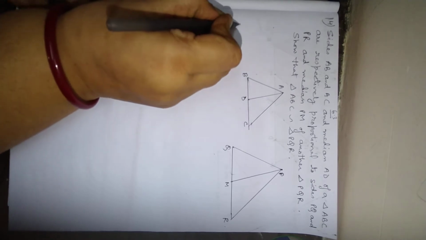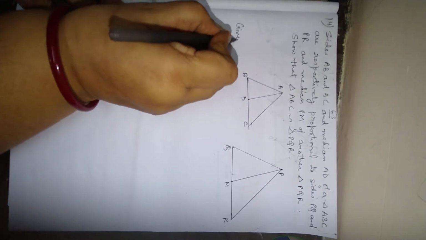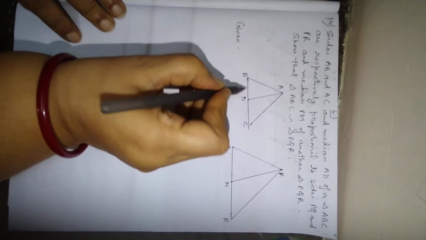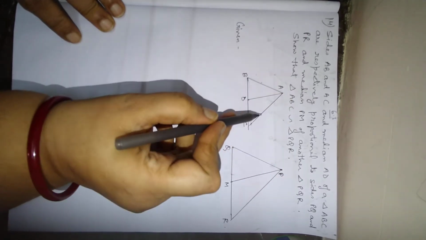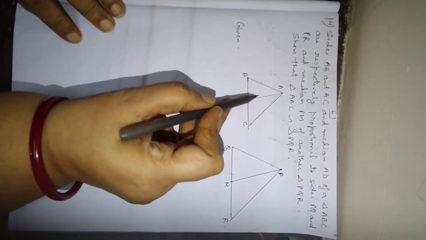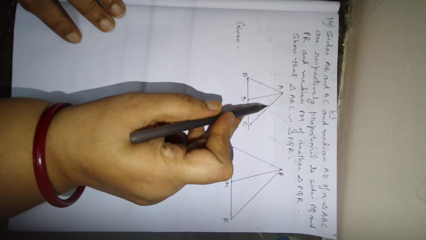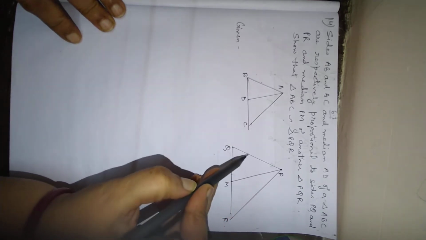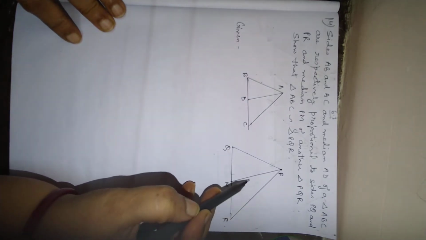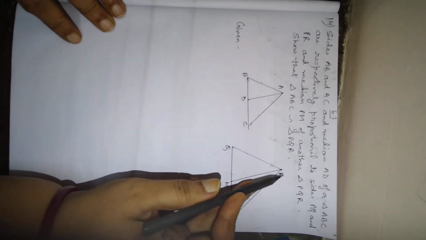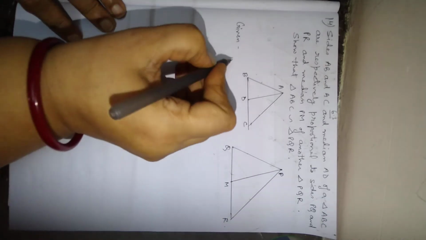So, what is given here? Given is AB, AC and AD of this triangle are proportional to the sides PQ, PR and median PM of the triangle PQR.